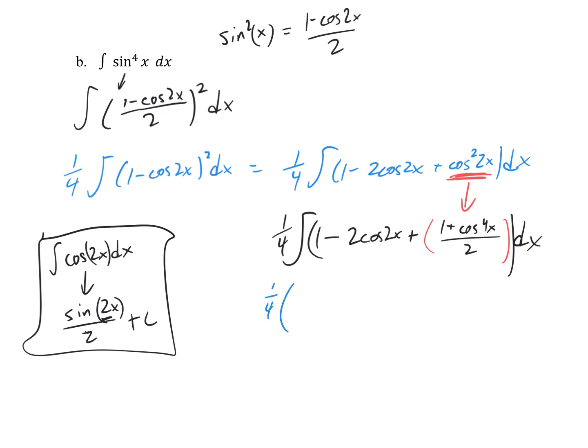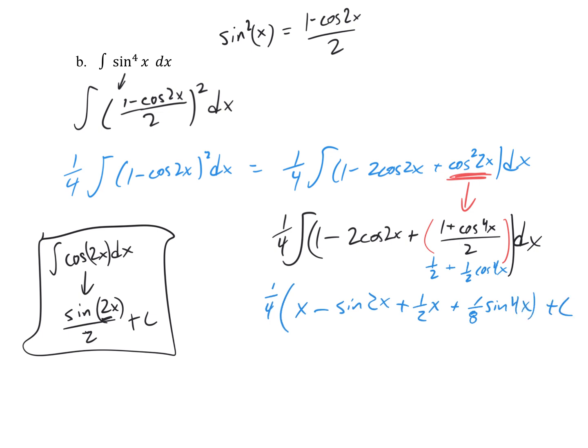So we've got our 1/4. 1 is going to become x. This is going to become minus sine 2x. Now remember, this is kind of a compound. We're going to have 1/2 plus 1/2 cosine 4x. And so the 1/2 becomes 1/2 x, and we have a plus 1/8 sine 4x.